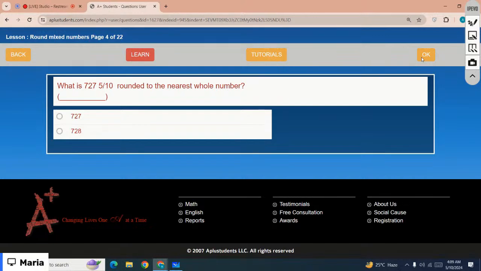That means you need to round up. So, 727 plus 1 is 728. So, the correct option is 728.